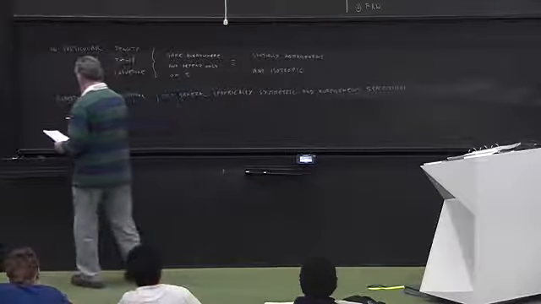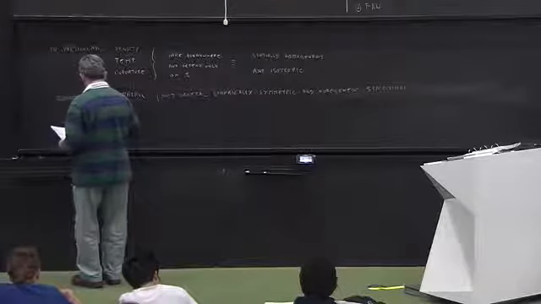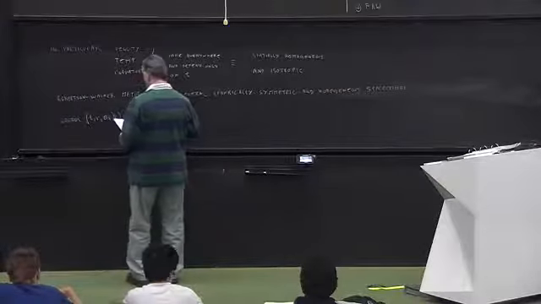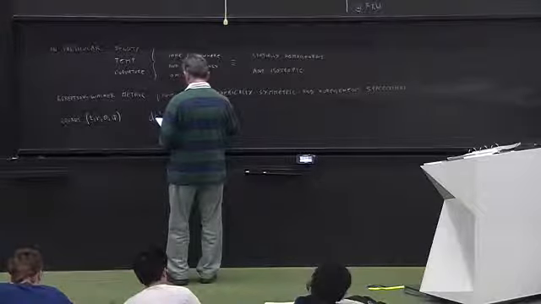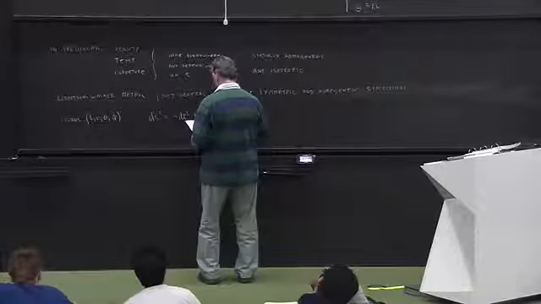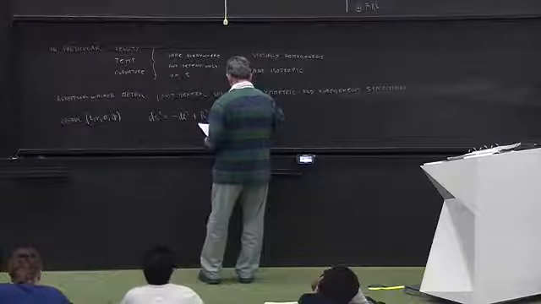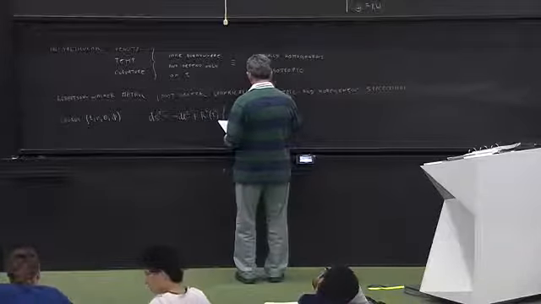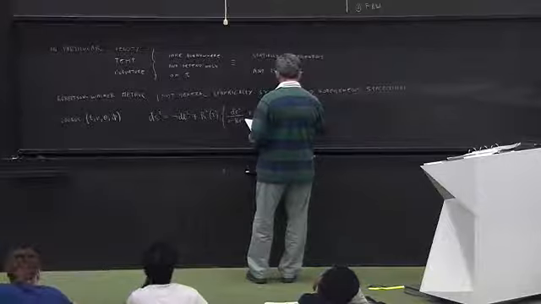So in coordinates t, r, theta, and phi, ds squared is minus dt squared plus R squared of t times dr squared over 1 minus k r squared, plus r squared d theta squared plus r squared sine squared theta d phi squared.